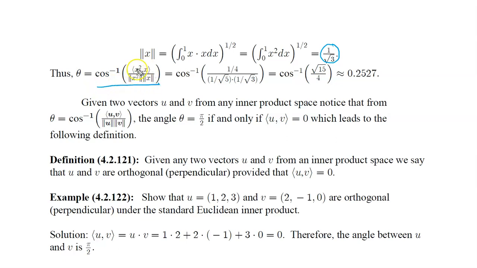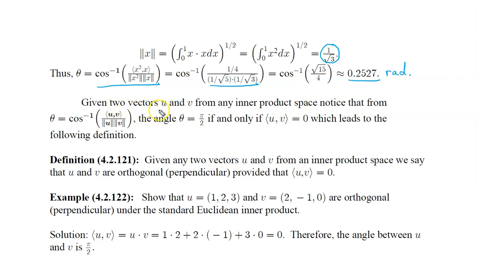Notice we have the inner product of x squared with x over norm of x squared times norm of x. You end up with this right here. And so you end up with the inverse cosine of √15/4, which is approximately 0.2527, and that would be in radians. And there you go.